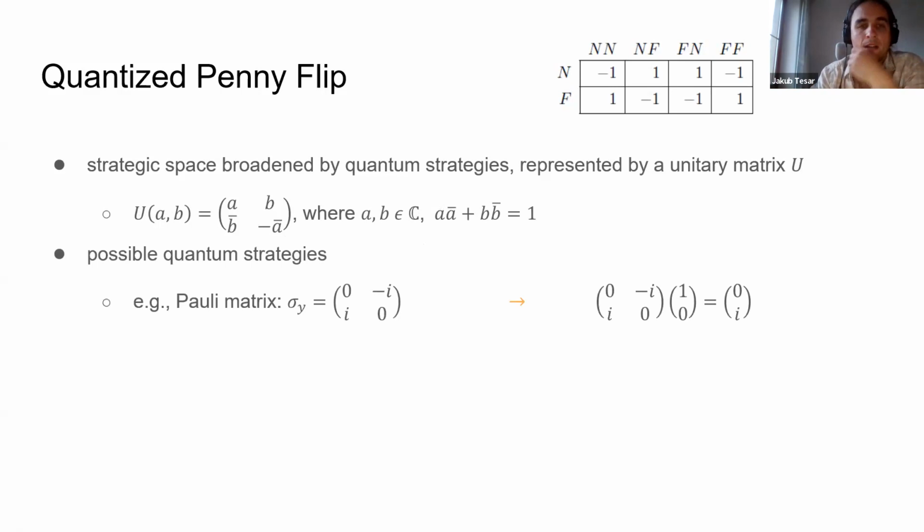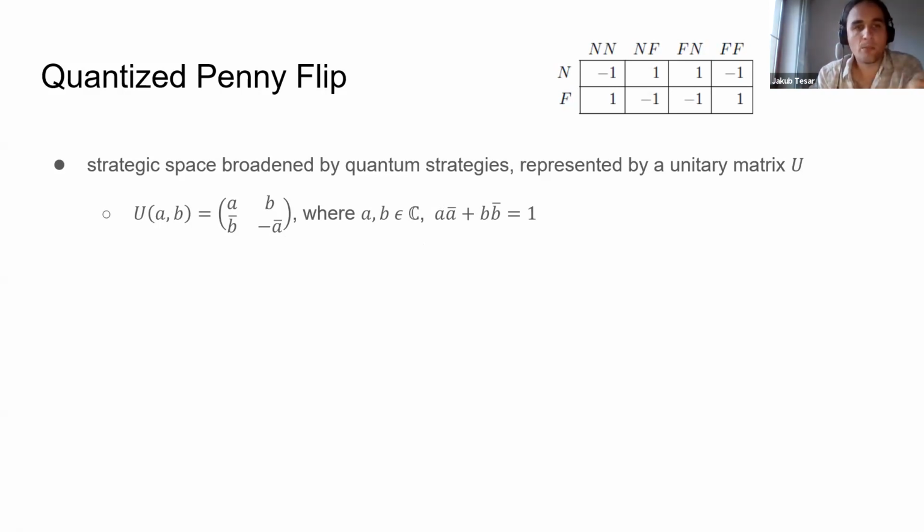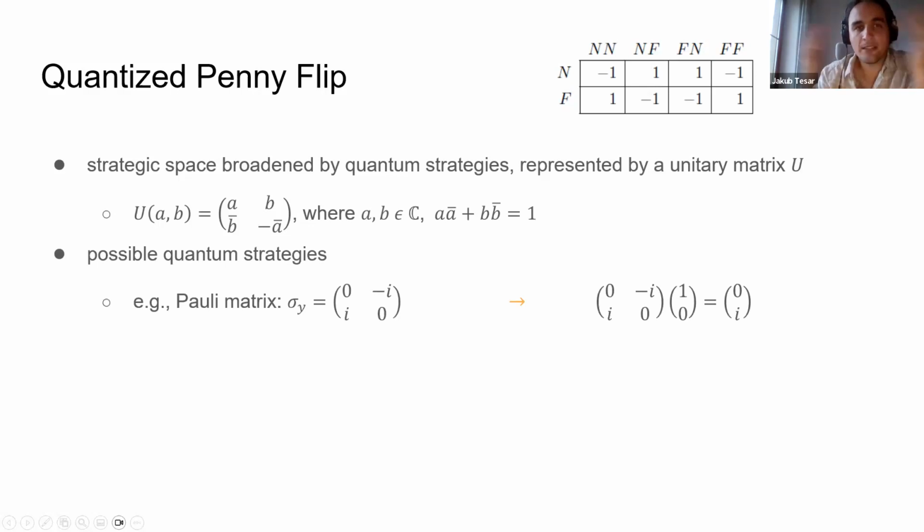Okay, and by the way, with this matrix you can have A equal to 1, in which case you would have non-flip, or B equal to 1, in which case you would have flip. So this includes the classical strategies, but as I said, the strategic space is broader, with more options for Q, because Q is able to manipulate the quantum world somehow, and so we can think of a number of various strategies.